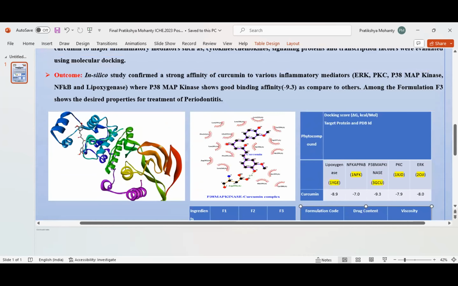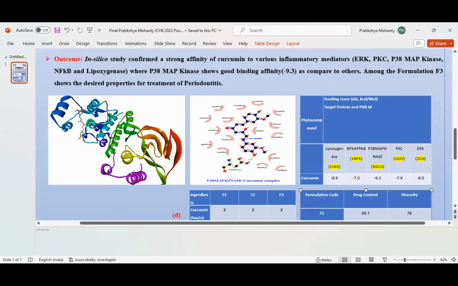I'm just going for a literature review and collected the data. But you are studying the protein ligand interaction. So which is your protein and which are the ligands? I just want to know which has the good binding affinity of different ligands with curcumin. Is it like this? Yes, ma'am.